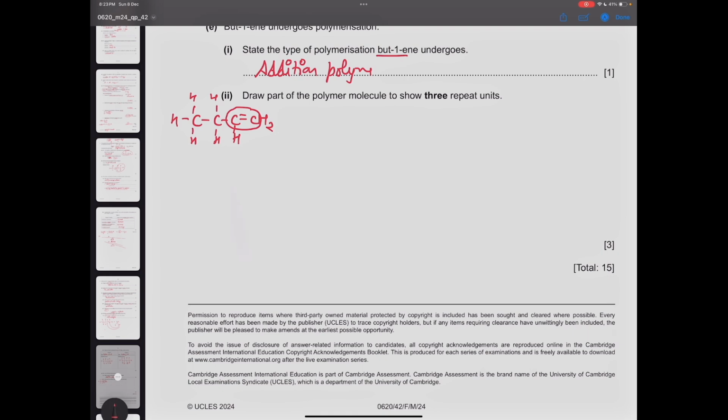So you write it like this: C double bond CH2. You can write it like this: C double bond CH. Let's put the H H on the top. Now this you can condense in the form of C2H5, right? And this C2H5 is bonded to this carbon. So put C2H5 here and 1 hydrogen here. Alright, now what you can do is draw 3 units like this.